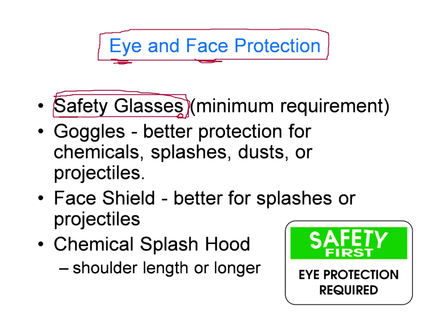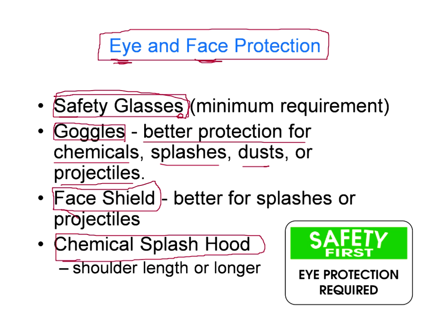Then about eye and face protection. This is how to protect eyes and face. Here are safety glasses. Welding is a very simple and universal example every student can understand. We use safety glasses or safety goggles to prevent contact with the flash. When we do welding, between the welding rod and the base metal a huge amount of heat is generated, and that flash has to be kept away from our eyes.